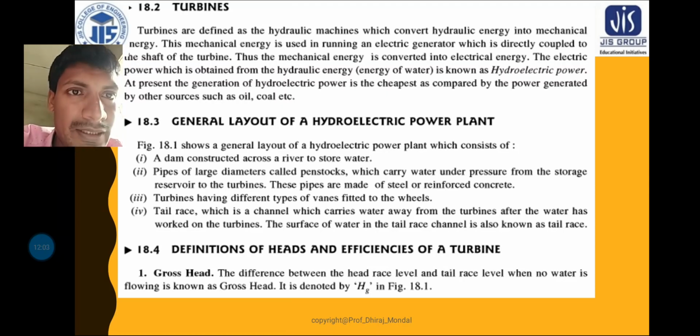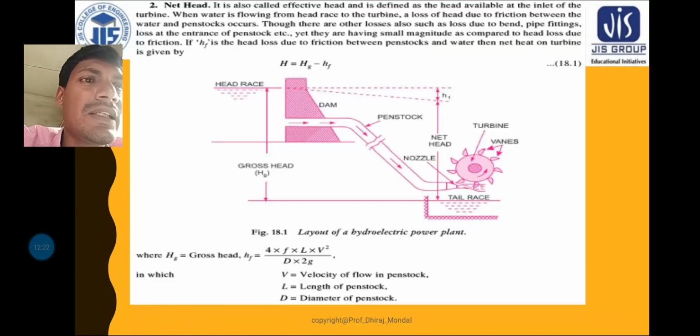Last point, tail race. Tail race is a channel which carries water away from the turbines. After the water has worked on the turbine, the surface of the water in the tail race channel is also known as tail race. So here you can see this is the head race and this is the tail race.